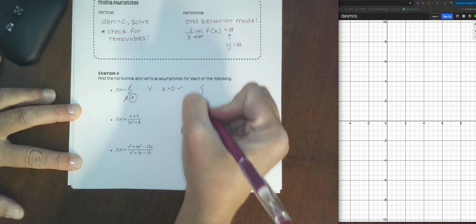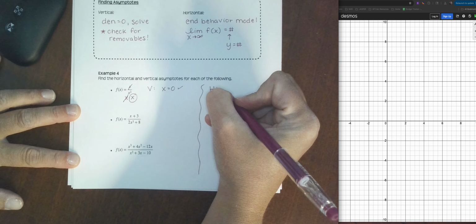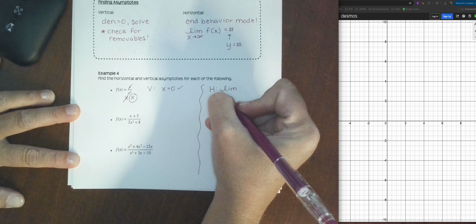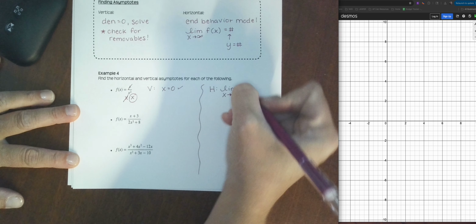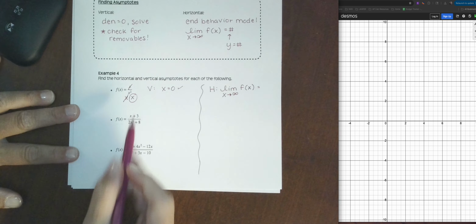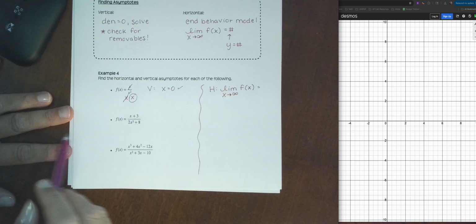Let's talk horizontal asymptotes. Let's do that over here. Horizontal asymptotes, the question I really want to ask myself is what is the limit as x approaches infinity of f of x? Well, with an x on top and an x squared on bottom, this is where we're going to ask ourselves which is going to grow faster, the top or the bottom.